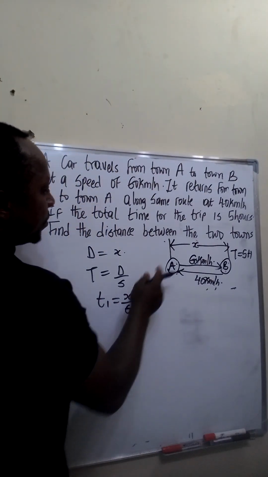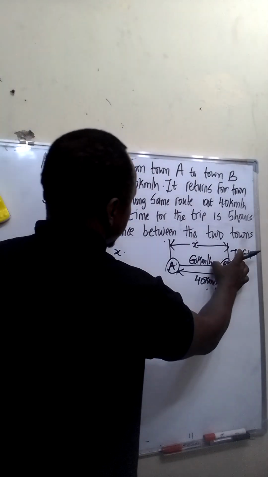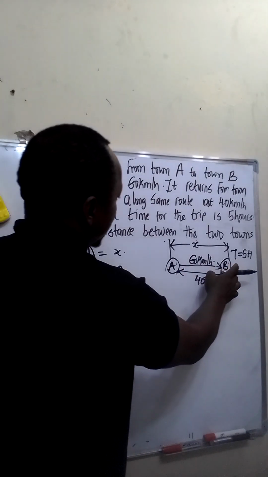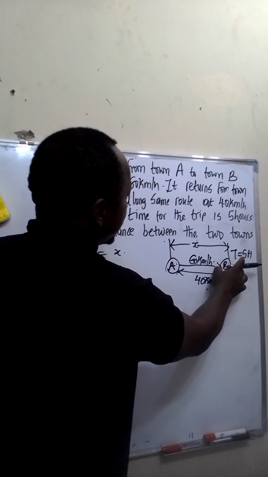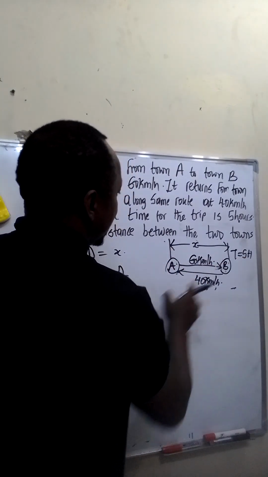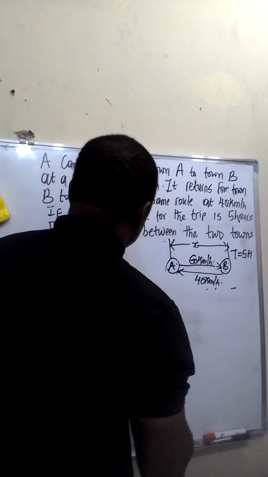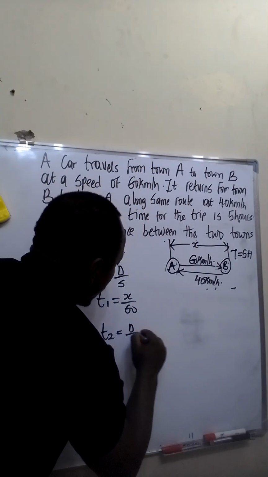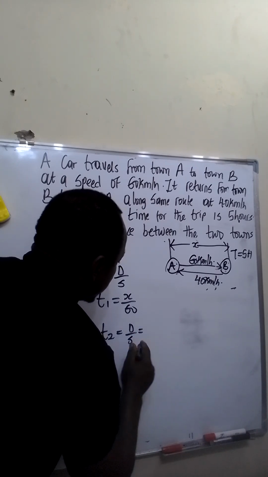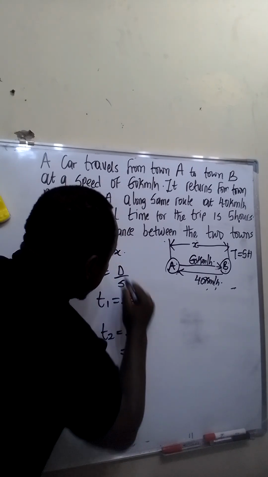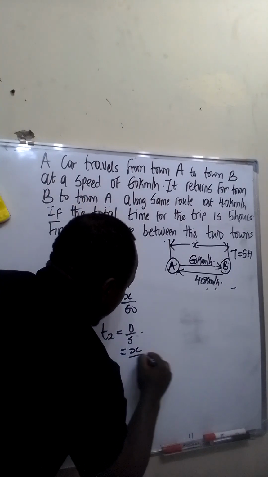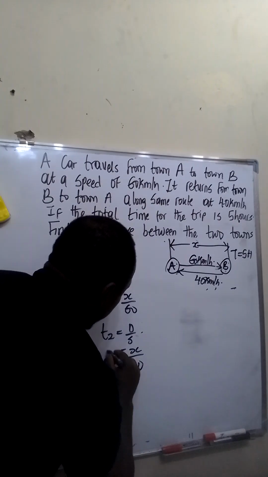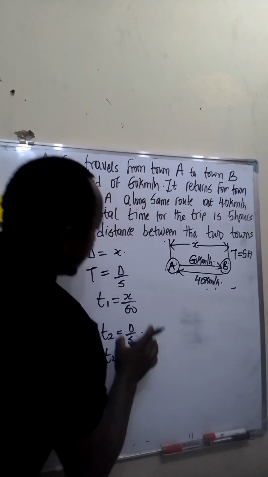It means the time taken to move from this town to this town is x over 60. Let's also calculate the time taken to move from B to A. Let's call this time T2. T2 is equal to D over S, which is our D, x, the same distance, over our speed this time around, which is 40. So our T2 is x over 40.